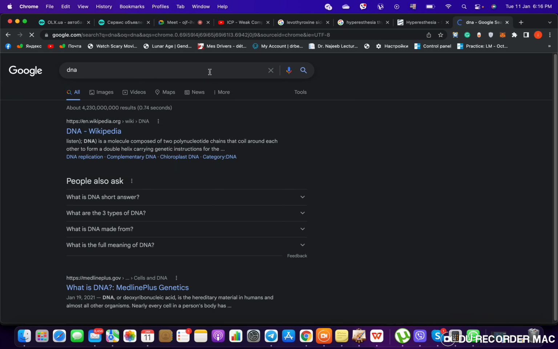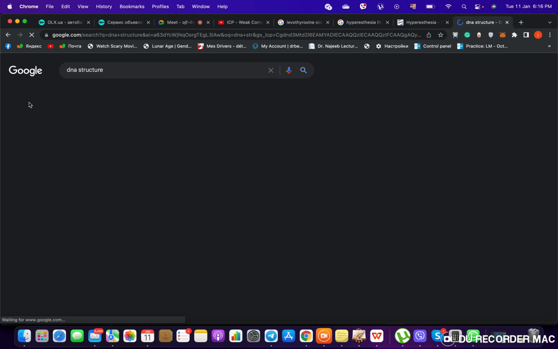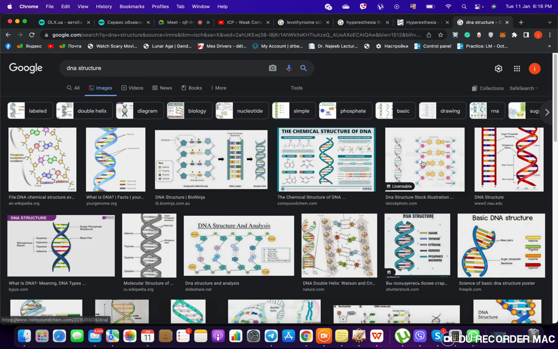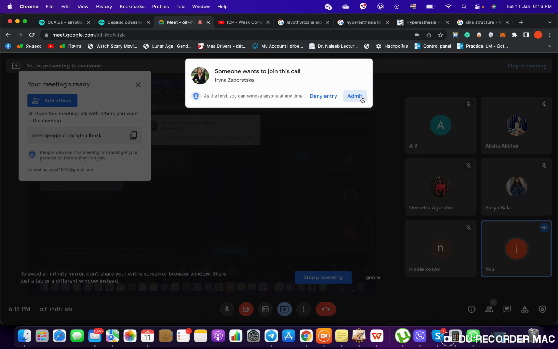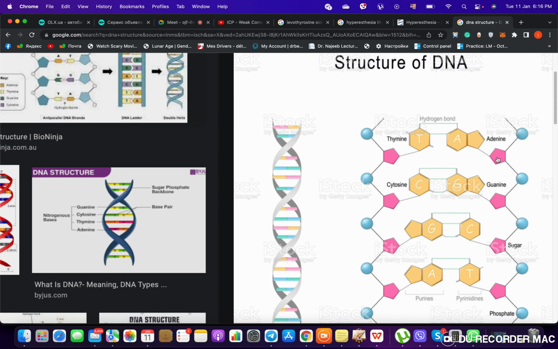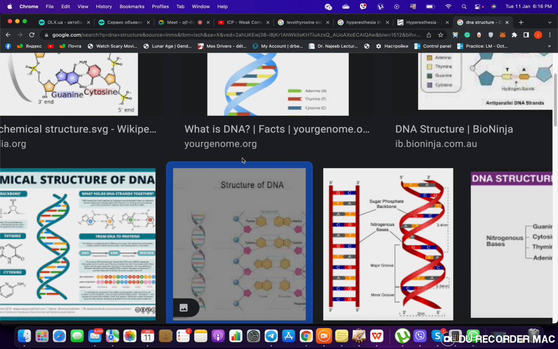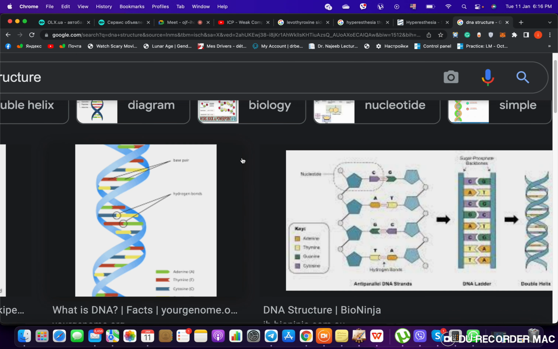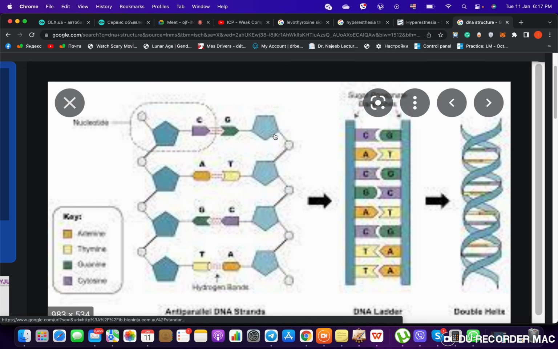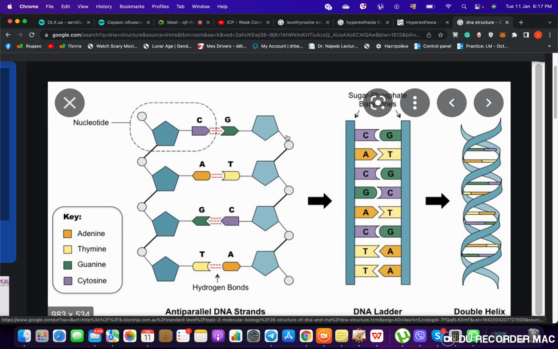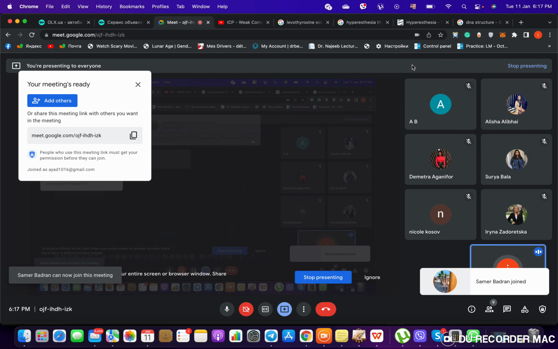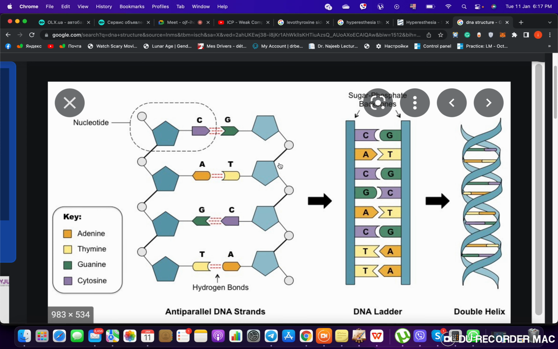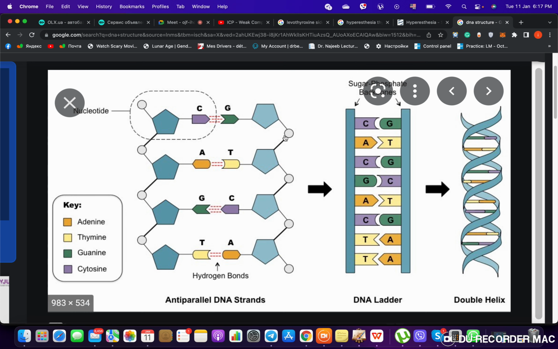So if we look at the DNA structure, we can see the connection between one nucleotide and another nucleotide is made by a certain bond, which is called the phosphodiester bond. And these bonds are super strong, as we said. They connect the 3' to the 5' end, and by doing that, they make a much stronger contact.